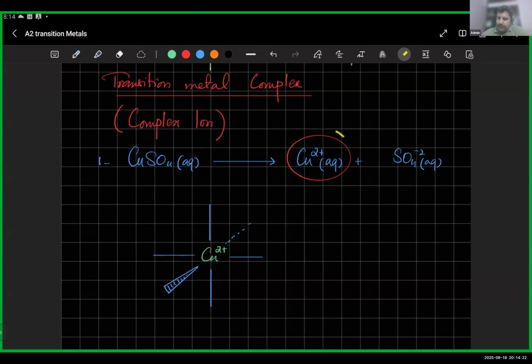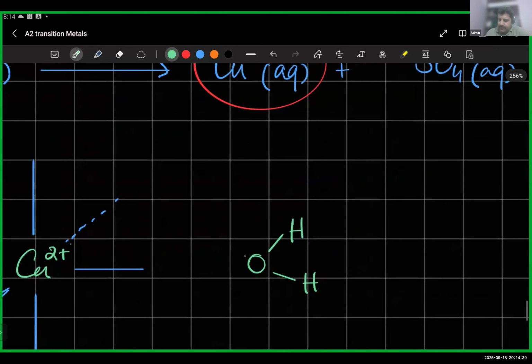Now, this copper 2+ aqueous is floating in water. So here's what your water molecule looks like. A water molecule is a highly polar compound, and it's got two lone pairs, which are highly negative. It's got a partial positive H atom.